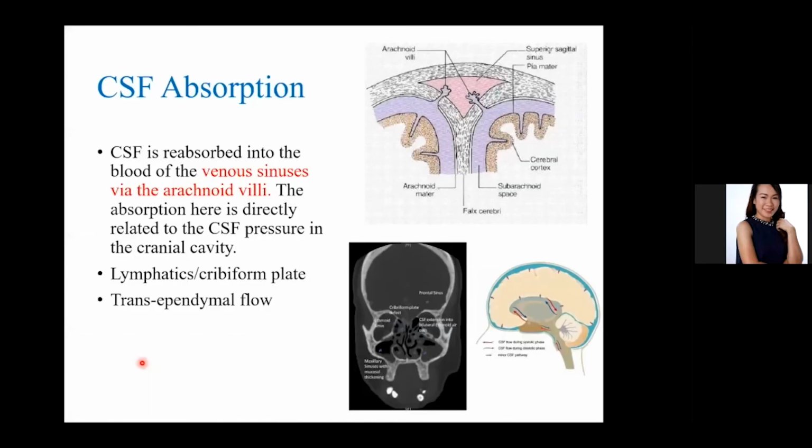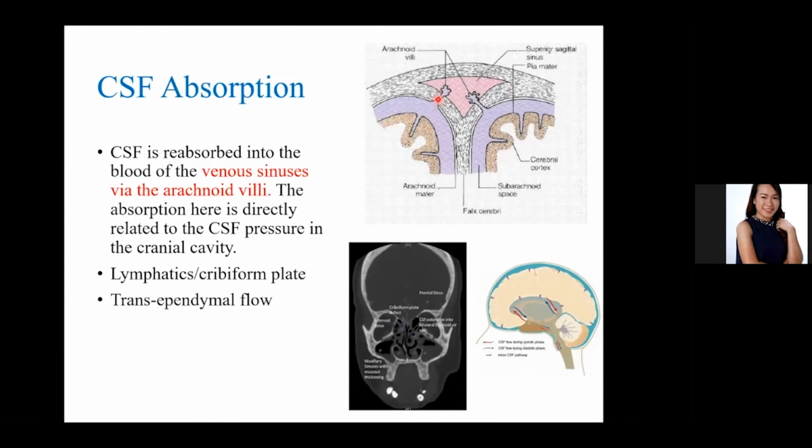We have already discussed its production. Now we discuss its absorption. Take note, what is important here in CSF absorption is your arachnoid villi. As you can see in this picture, we have your arachnoid villi. What are arachnoid villi? These are microscopic one-way valves that penetrate the meningeal dura and line the sinuses.